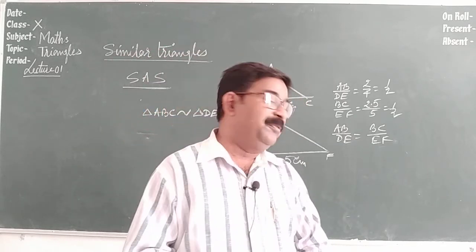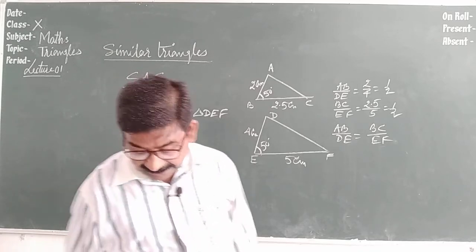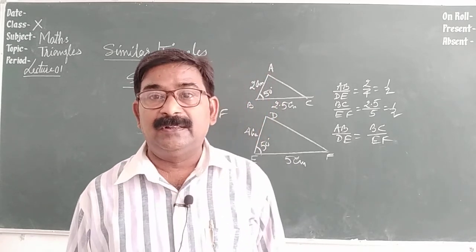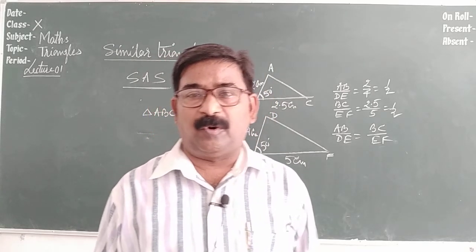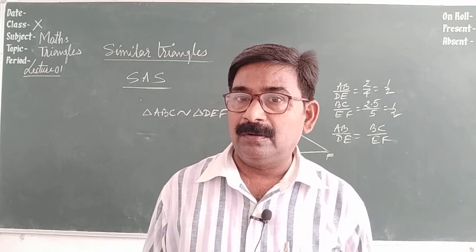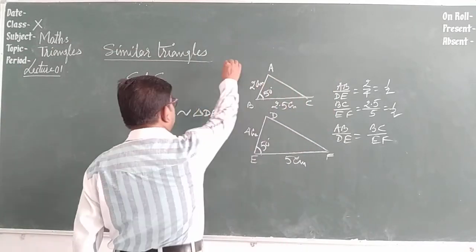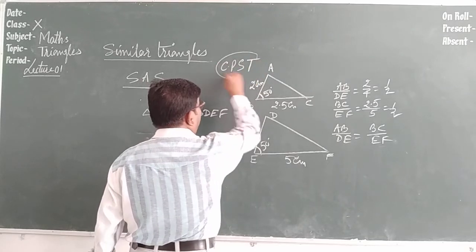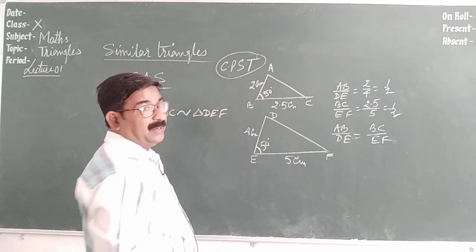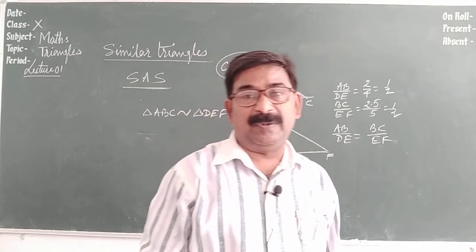Conversely, in similarity also, if two triangles are similar, then what will happen? The ratio of corresponding sides is equal by CPST. We write this as CPST, corresponding parts of similar triangles.